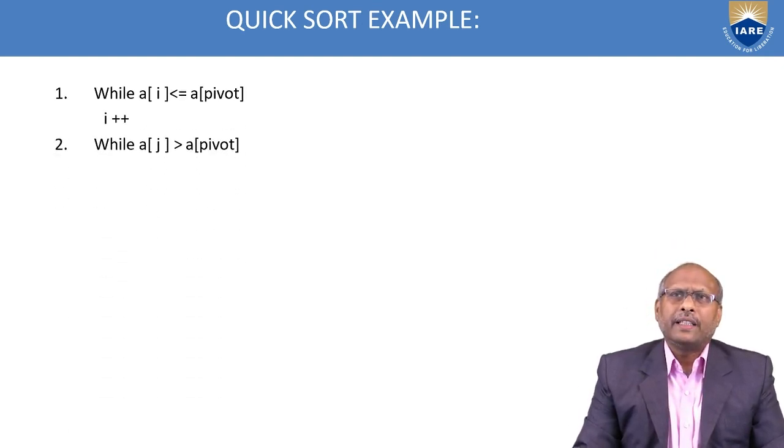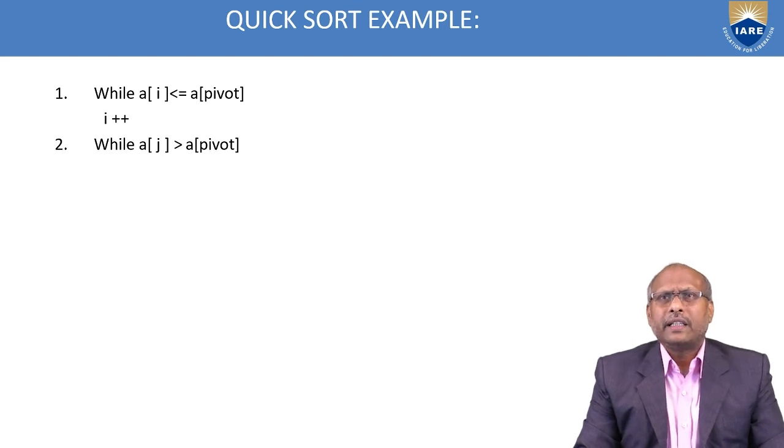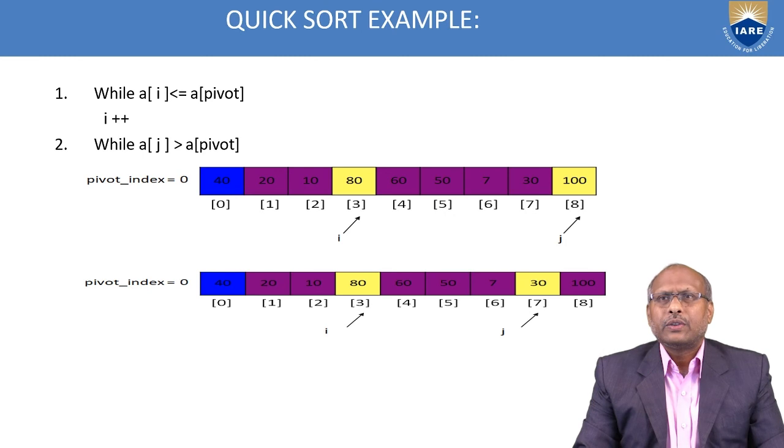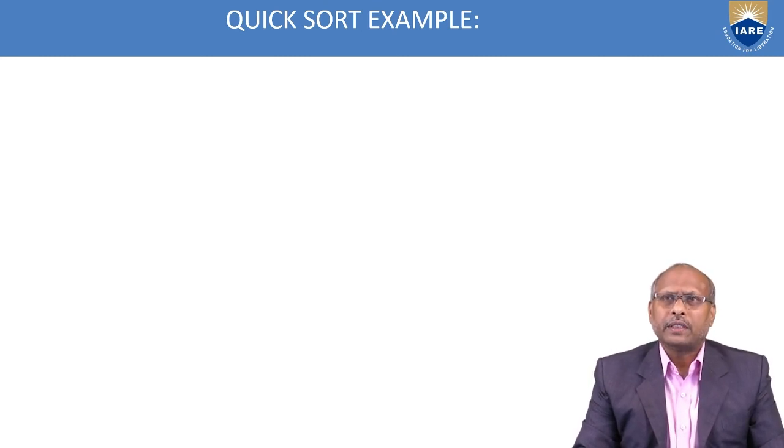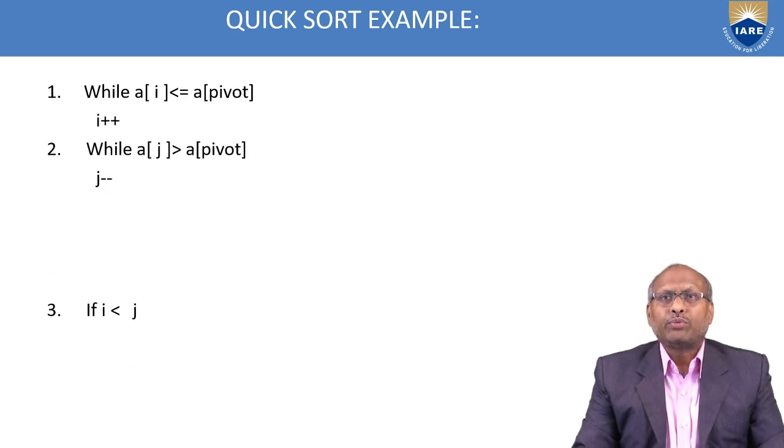So you can put it like this. While A of I is less than pivot, I is incrementing. If A of J is greater than pivot, J is decrementing. So you can see how the data is moving from one place to another place. Whenever both the loops are over, it will check whether I is less than J or not.